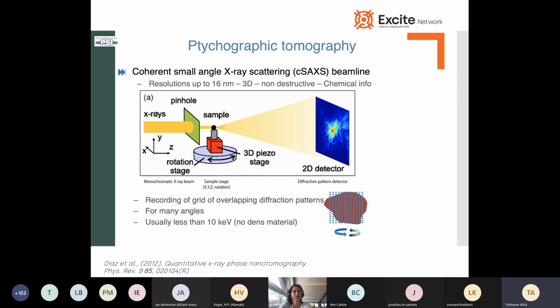So I wanted to give you this information: if you're interested in very high resolution imaging, but you cannot work with the FIB-SEM, as was explained yesterday, which is destructive, of course, and you need 3D information in a non-destructive way, and you also need chemical information, and you also want to control the sample conditions, so temperature, relative humidity, then ptychographic tomography or nanotomography is a possibility.